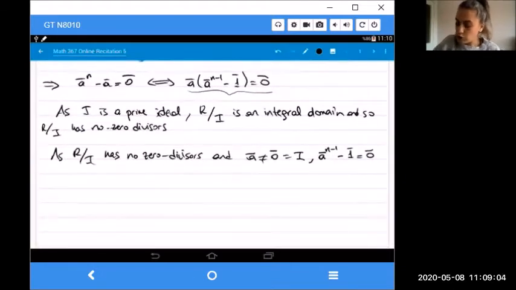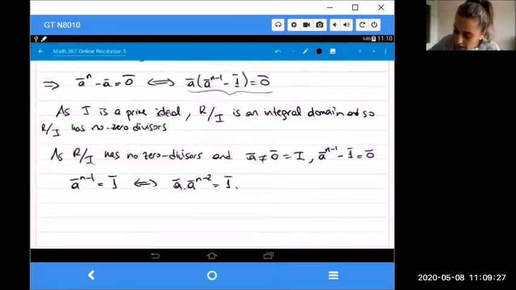So from here, we are going to obtain the inverse of a. Now we have a bar to the power n minus 1 is equal to 1 bar, and this is if and only if we take a bar to the power n minus 2 times a bar, this is equal to 1 bar, okay?